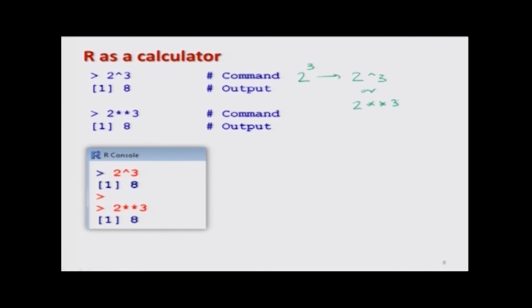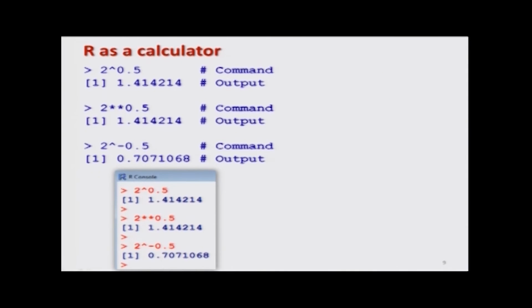If I put 1 star, that indicates only multiplication, and when I put 2 stars, it will indicate the exponent. So, this is actually 2 star star 3, and when I write 2 cube, this is 2 caret 3, and this is 8, and the same thing with 2 star star 3, which is also giving me the value 8. So you can try it yourself on your computer and you will get the same thing.